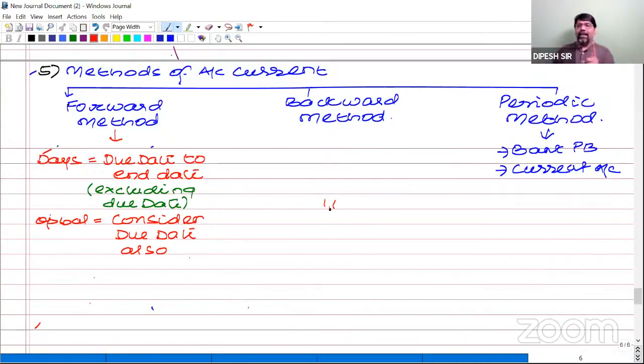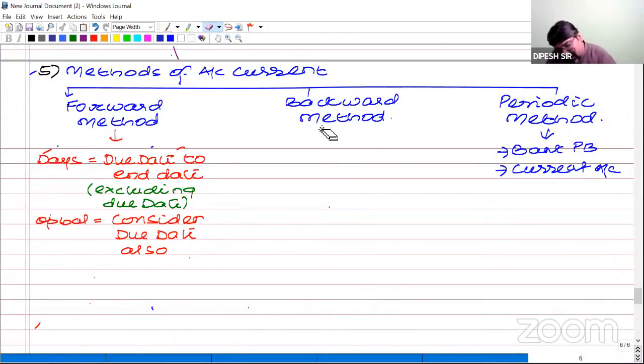If the due date of the transaction, purchase, sale, receipt, payment, anything, is 1st of January, then you will not consider 1st of January. But if the due date of opening balance is 1st of January, then chartered, you will consider 1st of January also. That means one day will increase. Is this clear? Yes, sir.